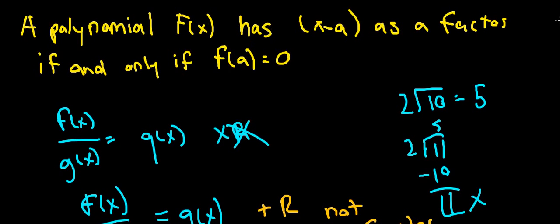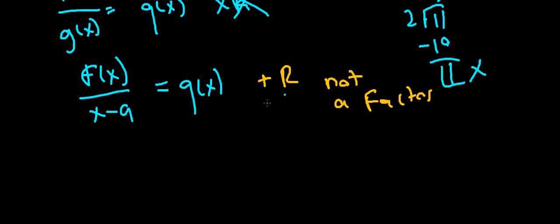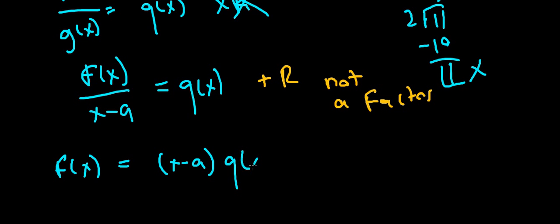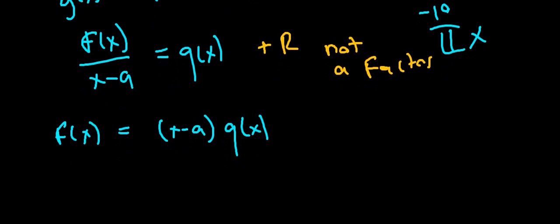And this idea that we can put in a and get 0 comes from here. Assuming that x minus a is a factor, we can do the same thing that we did with our remainder theorem, where we multiply x minus a to the other side. So we get f of x is equal to x minus a times the quotient of x. If we put a into our function, f of a, I didn't mean to put x, I meant to put a, we're going to get a minus a times the quotient of x.